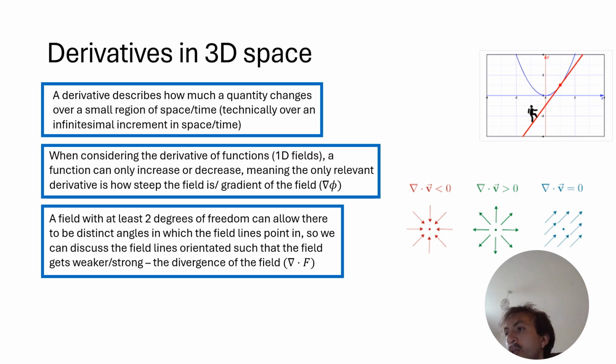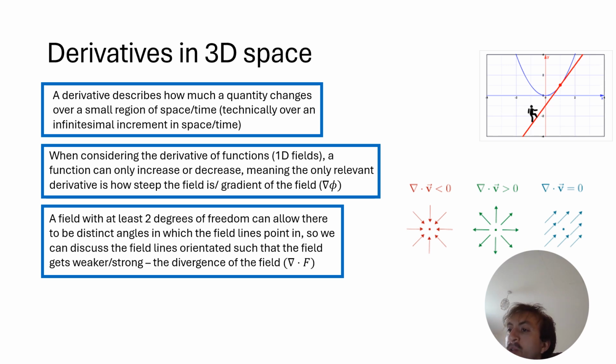If we look at the direction of the field for field lines which are angularly displaced from each other, then we can identify regions where the field lines are converging, which corresponds to the field increasing in strength. We can also identify points where the field lines are trying to diverge apart, corresponding to the field getting weaker.